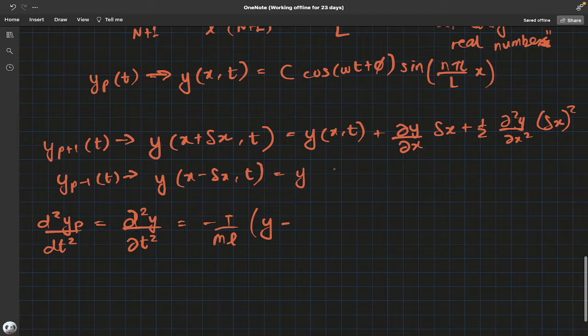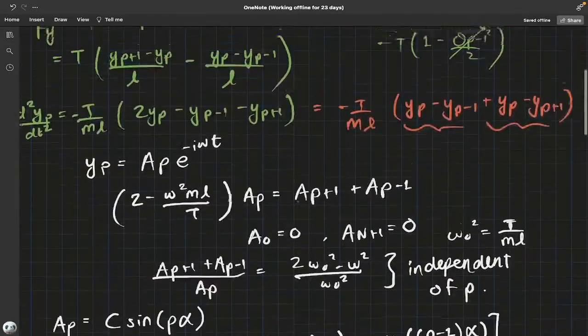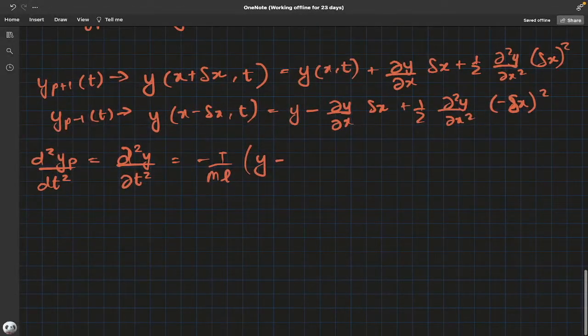Similarly here, y minus partial derivative times delta x plus 1/2 second derivative. No, it should be partial delta. So we have y minus yp minus 1. So yp minus 1 is like this guy. So this becomes a plus and a minus 1/2.